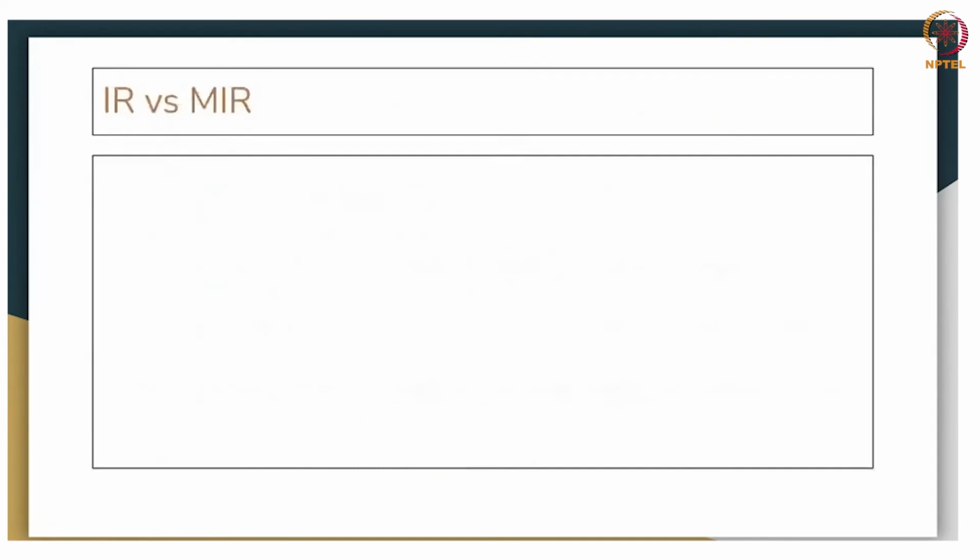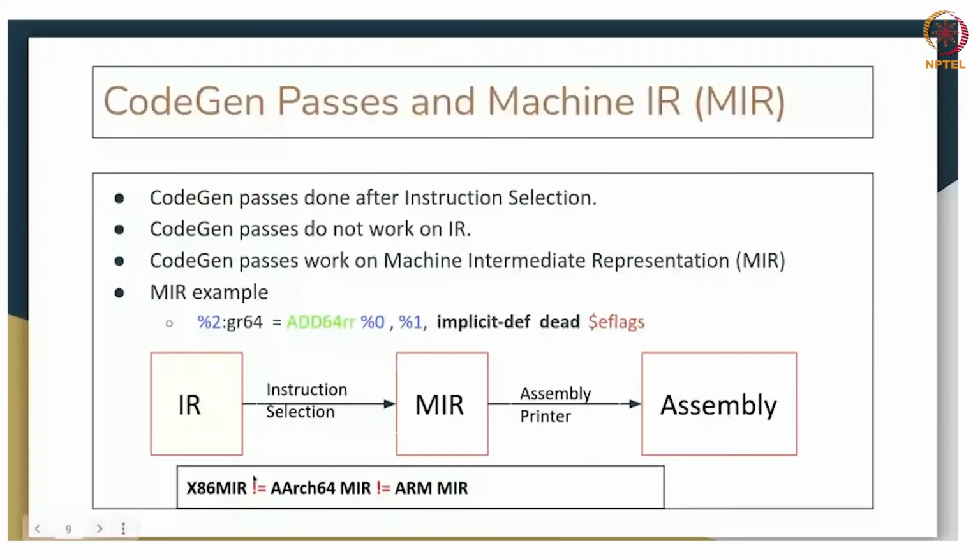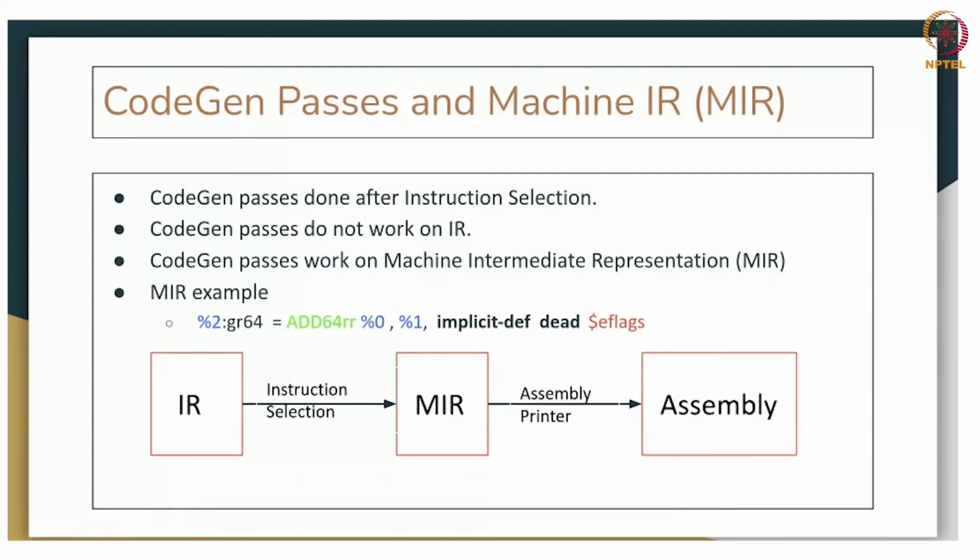Each architecture has its own implementation of the LLVM classes, like target instruction info and target transform info. Each architecture has its own implementation that is specific to that architecture. If you are familiar with any of the architectures, you can go through that code. It is already available in the LLVM source directory, the lib target directory.